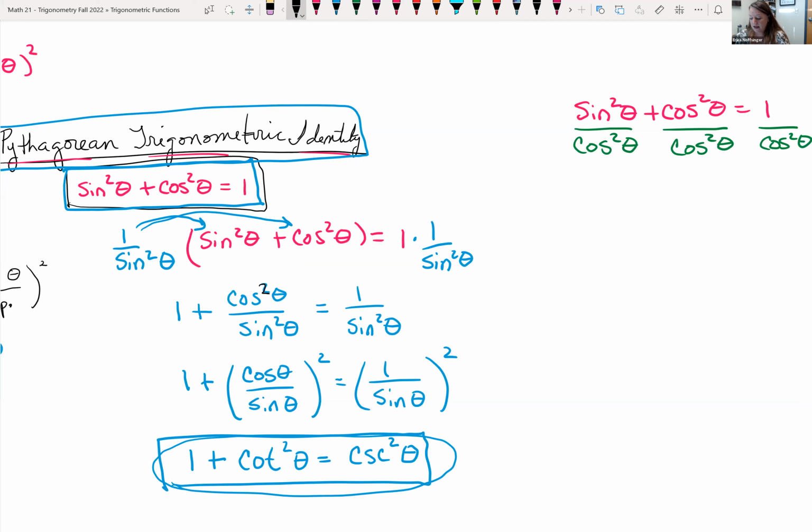So sine squared theta over cosine squared theta, well, sine over cosine is tangent. So this is tangent squared theta plus cosine squared theta over cosine squared theta is 1, is equal to 1 over cosine squared theta, and 1 over cosine theta is secant theta. So 1 over cosine squared theta would be secant squared theta.